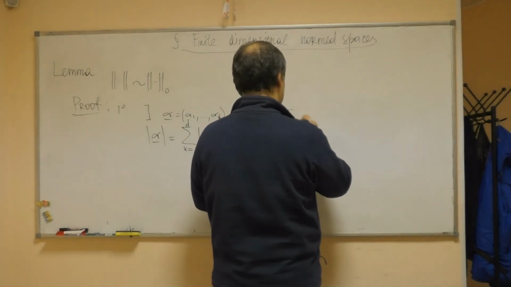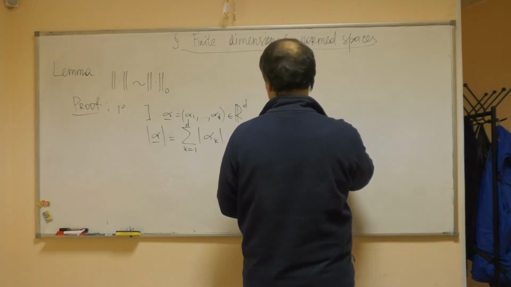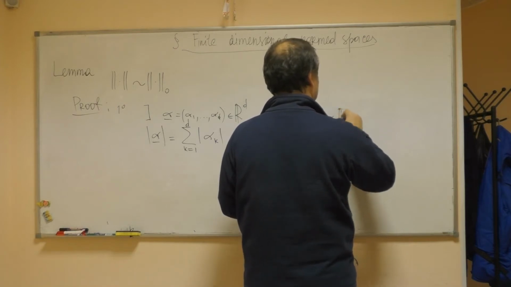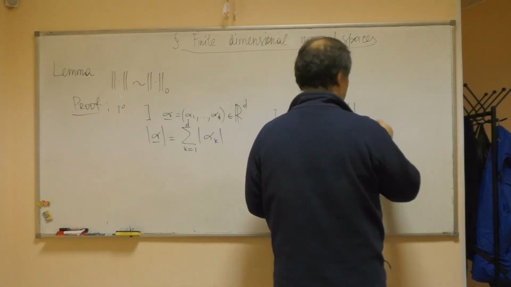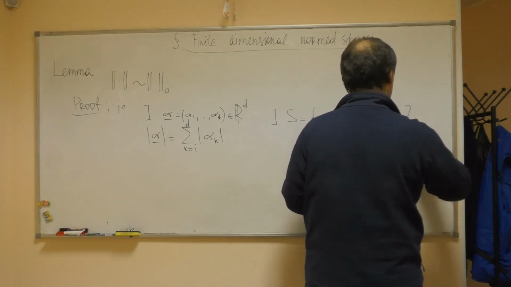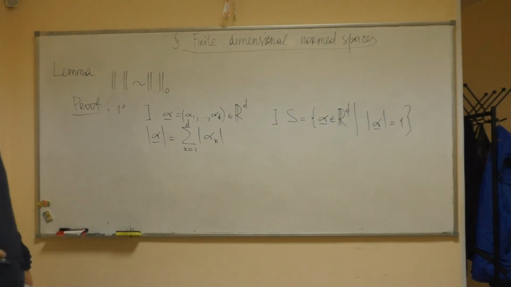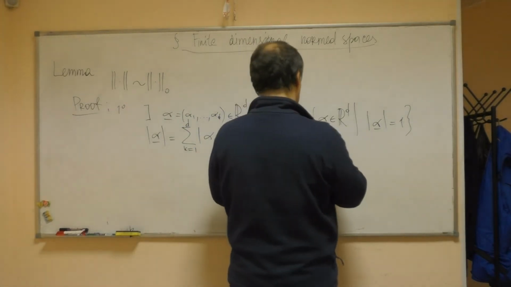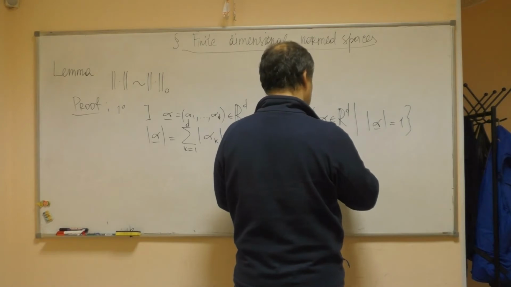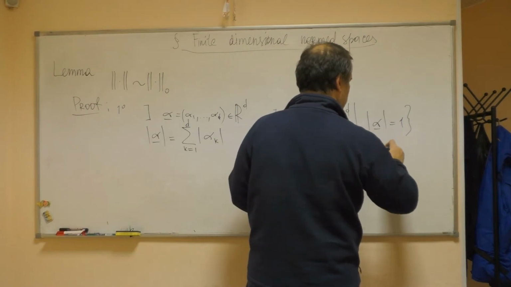Let S be the so-called unit sphere in Rd: alpha such that this norm is equal to 1. Please prove that it is bounded and closed.